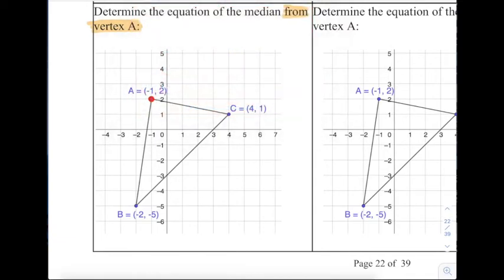Now, where do I draw the median to, Brett? So you have to find the midpoint between (-2, -5) and (4, 1). What is the midpoint? We just add 4 and -2 to get 2, and divide by 2. No need to write out this computation, we can do it in our heads.